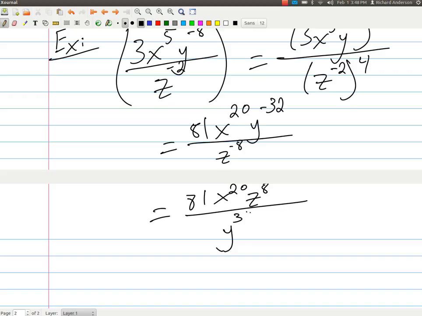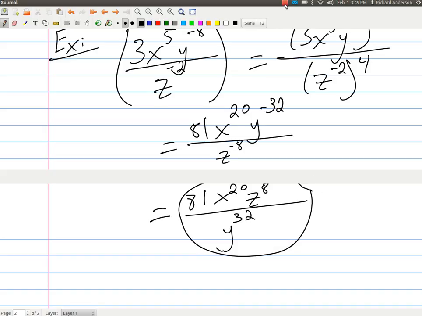And when we move that y to the 32nd down to the denominator, its exponent will be positive. That's probably the answer that Course Compass is looking for, especially if they say specifically not to write the answer with any negative exponents.